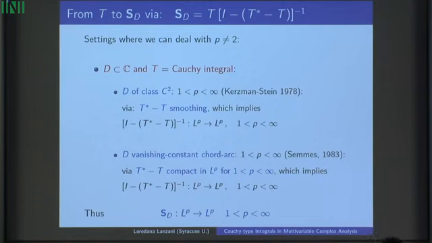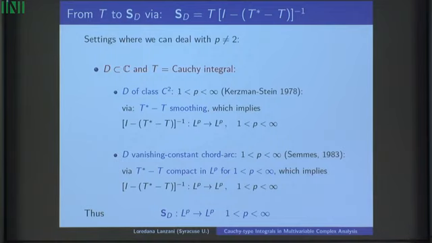It takes a function that is merely integrable and maps it to a function continuous on the boundary. It's a smoothing operator. So under those circumstances, you have that the identity minus the difference of T and its adjoint is invertible with bounded inverse in LP for P in the full range.